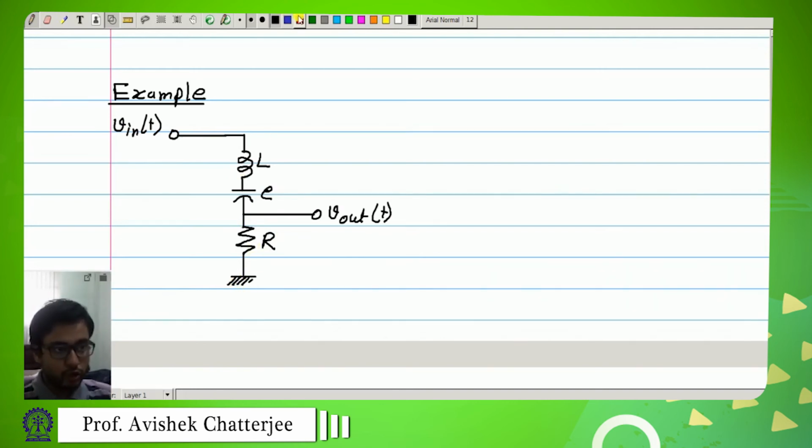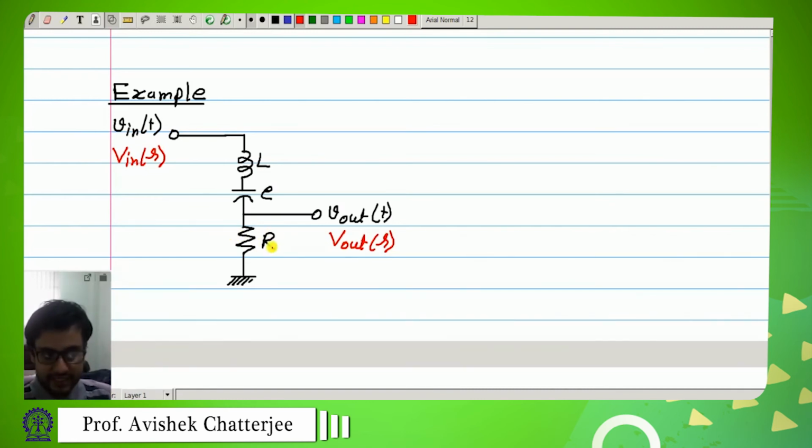Okay, so first we will write all quantities in terms of their Laplace transform: V in(s), V out(s), and all these impedances will be represented by their Laplace domain impedance.